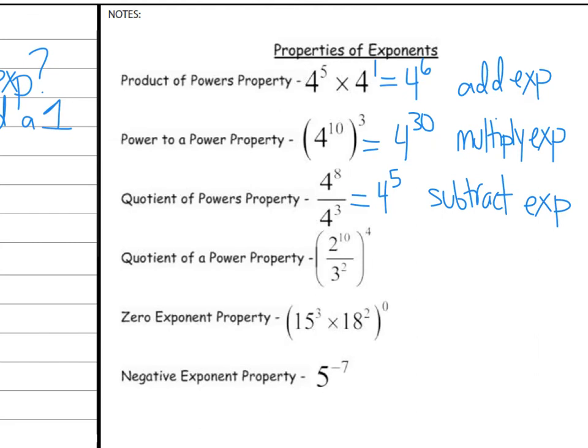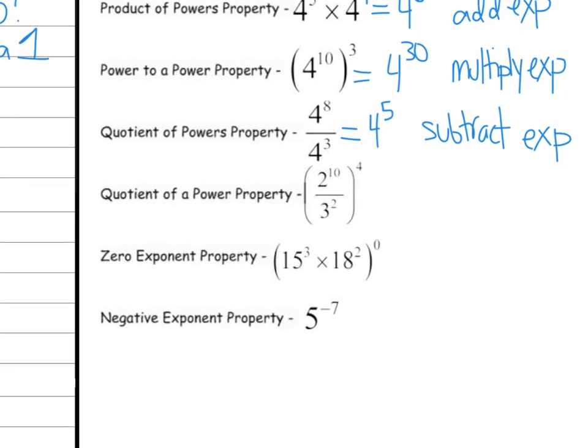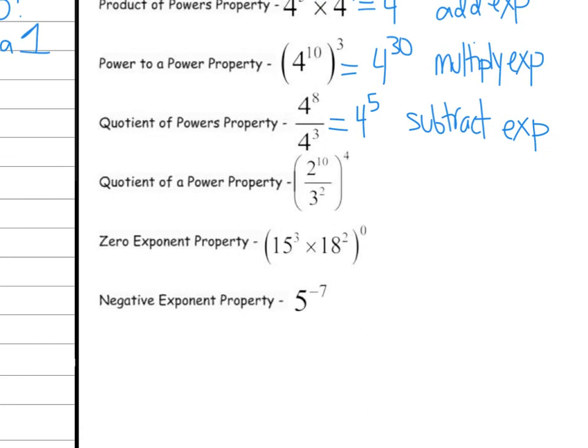Our next one is the quotient of a power property. It looks kind of like a mixture of the last two that we just did. Something's being divided and there's an exponent outside of parentheses. We want to distribute that exponent inside. So the top would look like 2 to the 40, 4 times 10, and the bottom would look like 3 to the 8.